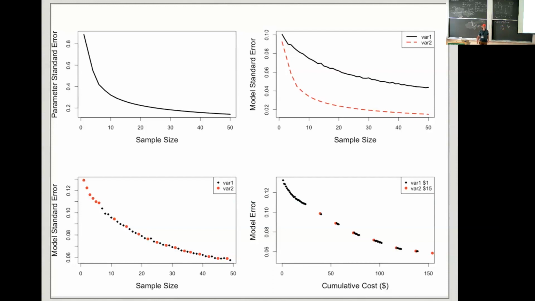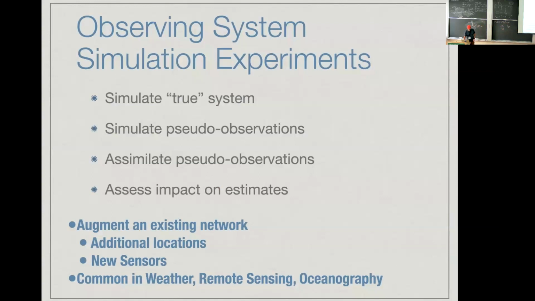But these are the sorts of things you can actually do by combining an understanding of the uncertainty in our forecast with some basic Monte Carlo simulations of how those uncertainties would change, which I think are really powerful concepts. And taking this to the next level is an idea that's very common in the Earth system sciences, but I find remarkably absent in my conversations with epidemiologists, which is the observing system simulation experiment.